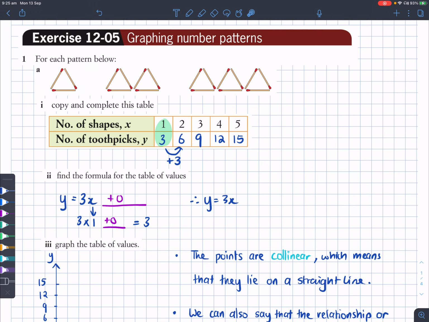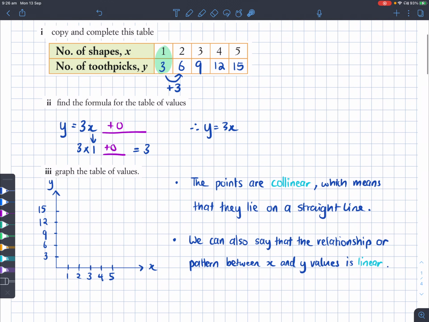Now, what we're going to do with this table is graph it out. So when x is 1, y is 3. So we go right by 1 and up by 3. I'm going to put a point like that. And then right by 2 and up by 6 according to these 2 values here.